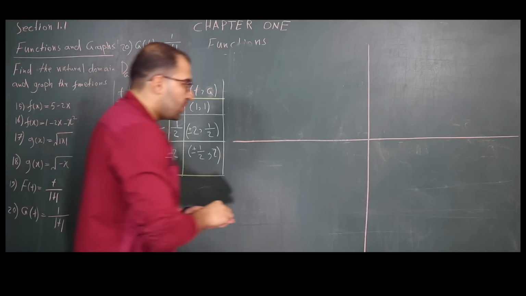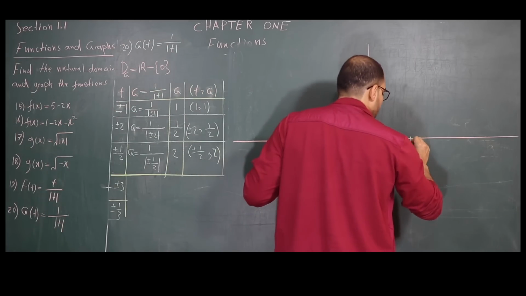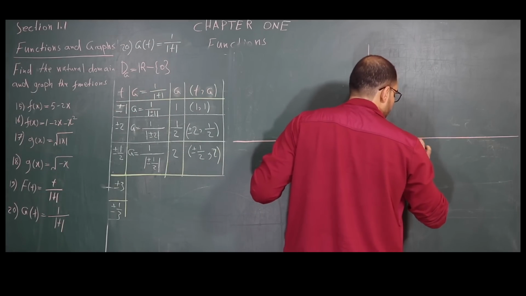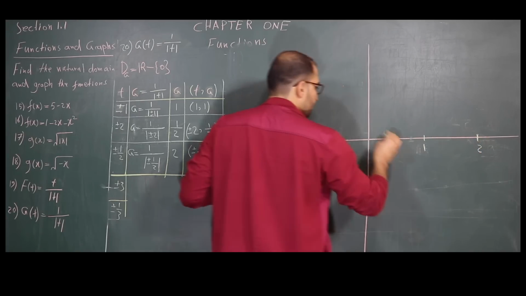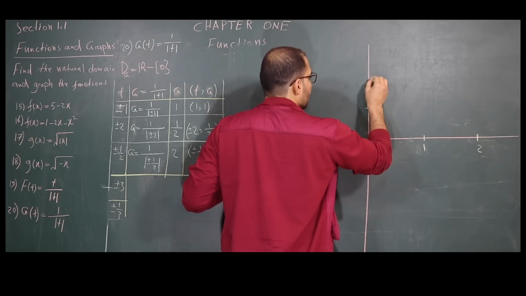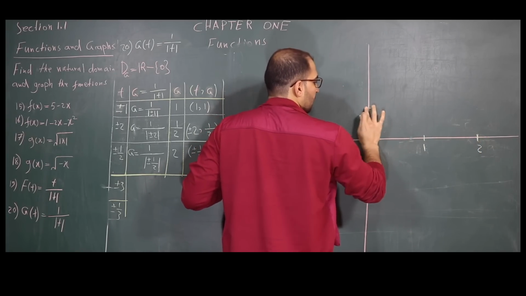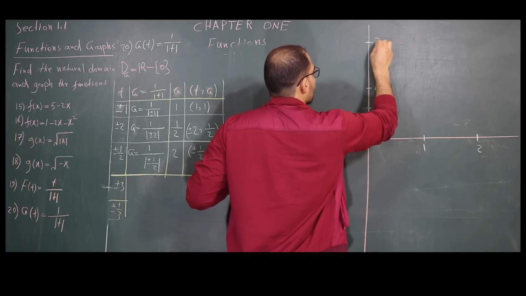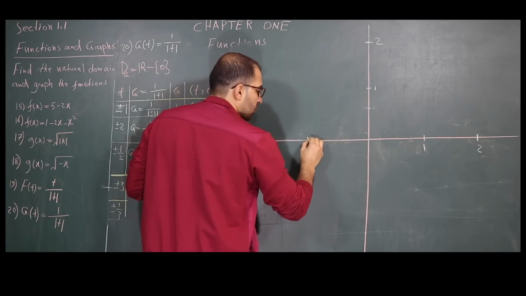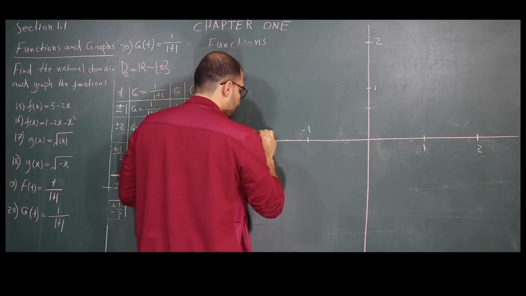I'm going to put that 1. And now this is 1, and this is 2, and this is minus 1, minus 2.